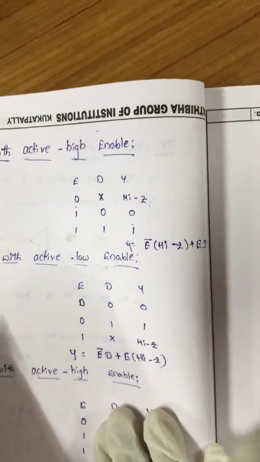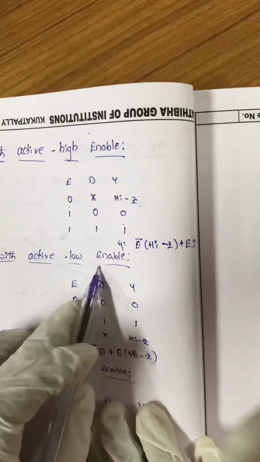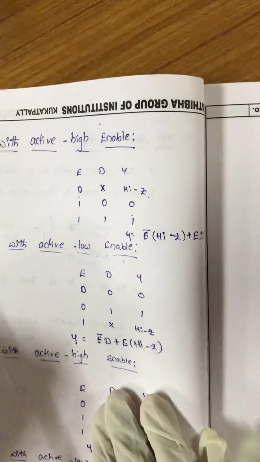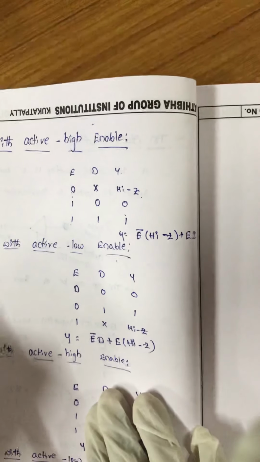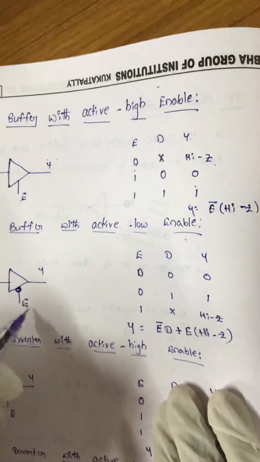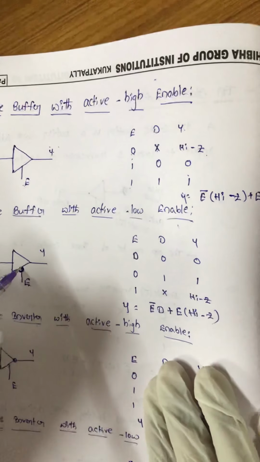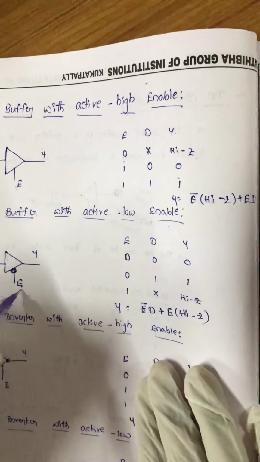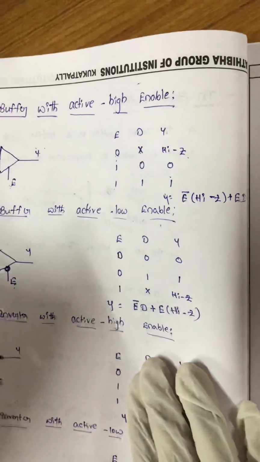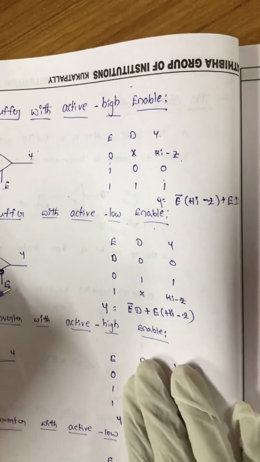Second one is tri-state buffer with active low enable. Active low enable means we have to apply an inverter. So inverter means if E equals 0, at this point E will be 1. If E equals 1, at this bubble E is changed into 0 condition.